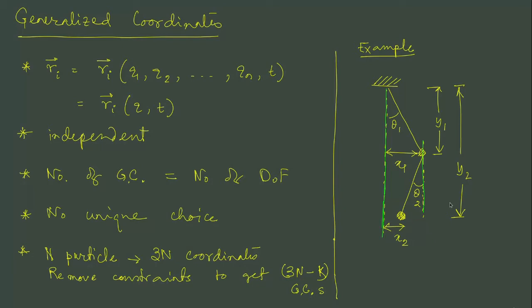Usually for problems where we have pure rotation, as here, the angles are natural choices rather than the distance. So that often guides us in how we should choose the generalized coordinates. We will also solve examples later involving generalized coordinates after we introduce the Euler-Lagrange equation. At that time, we will see other examples.